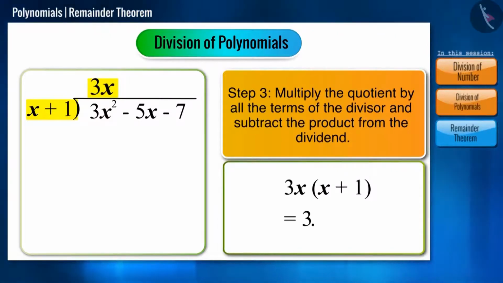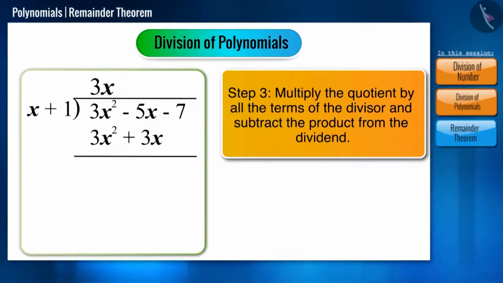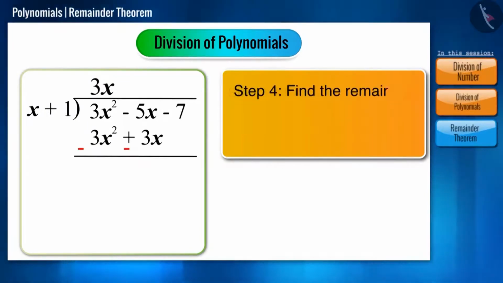Now, we get plus 3x squared plus 3x, which we will write here and subtract just like we do with numbers. When we subtract, the signs of the terms change. Here, we will get minus 8x.